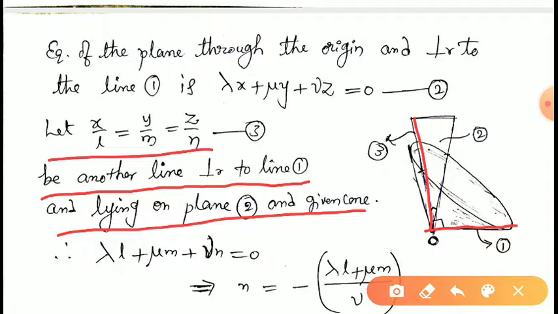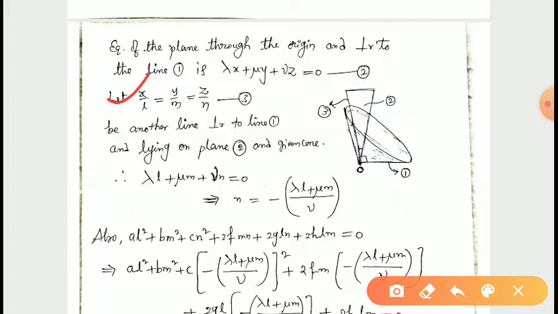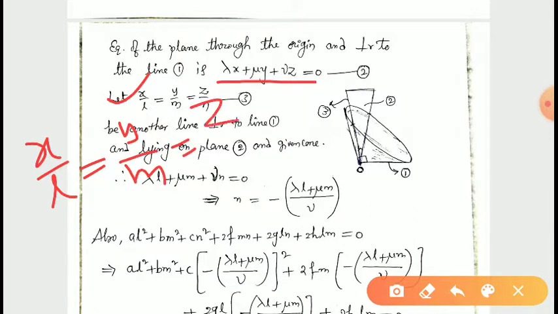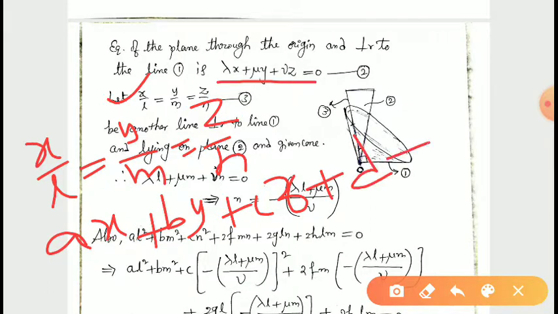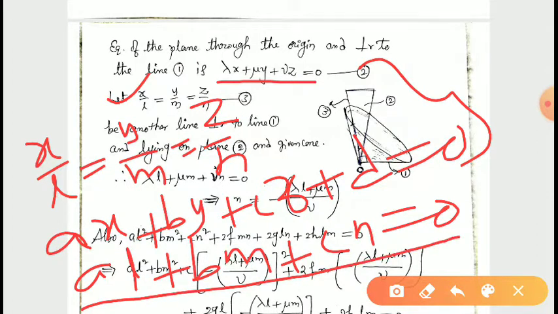Since this line lies on this plane, we can write, for example, if the line x by l, y by m, z by n lies on the plane ax plus by plus cz plus d is equal to 0, then we can write al plus bm plus cn is equal to 0.